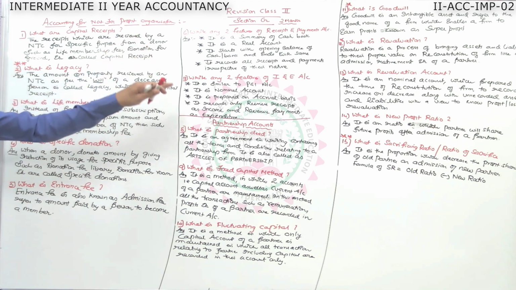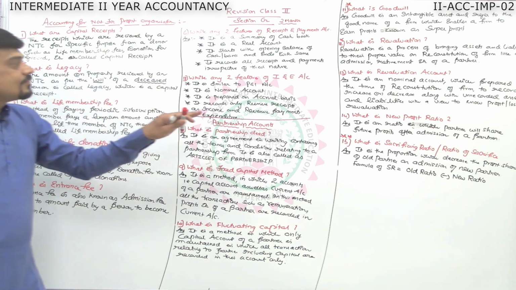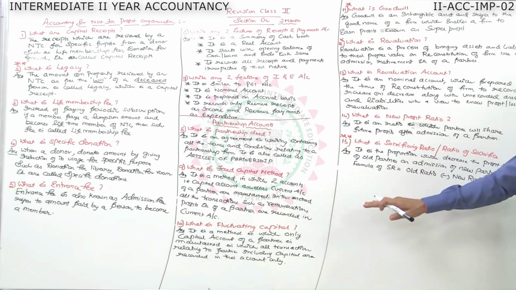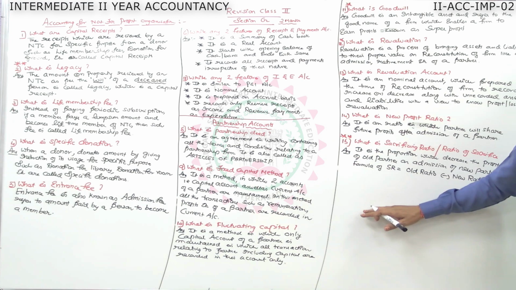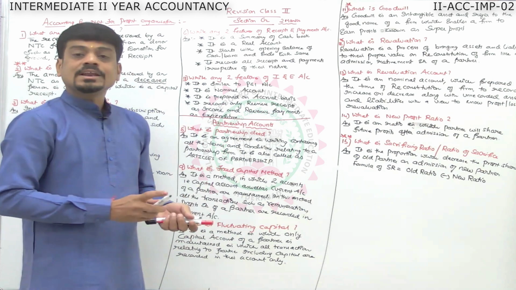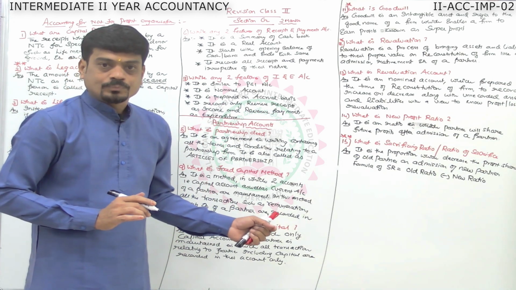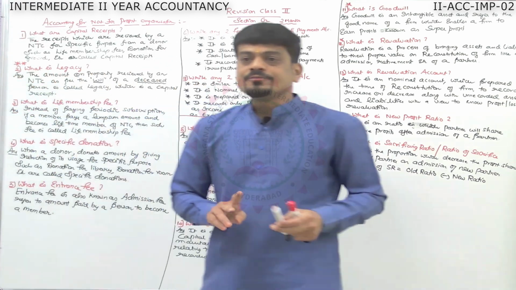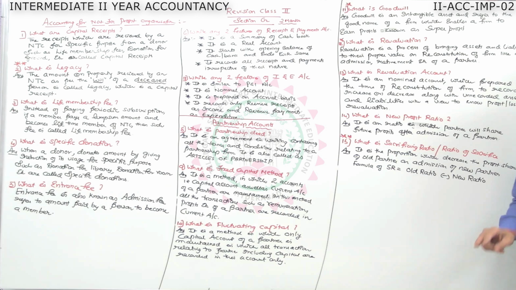Like that, we have the questions from partnership also. And I told you, you are going to get the problem on how to calculate the new profit sharing ratio. Generally, they will give you that there are two partners and they will give their old ratio and the proportion of new partner also. What we are going to do? You should kindly listen to the steps properly.